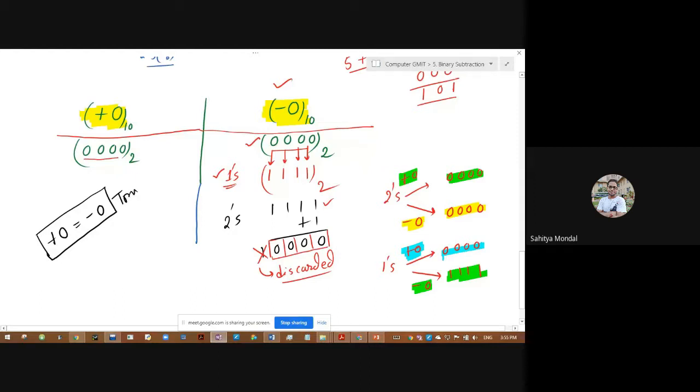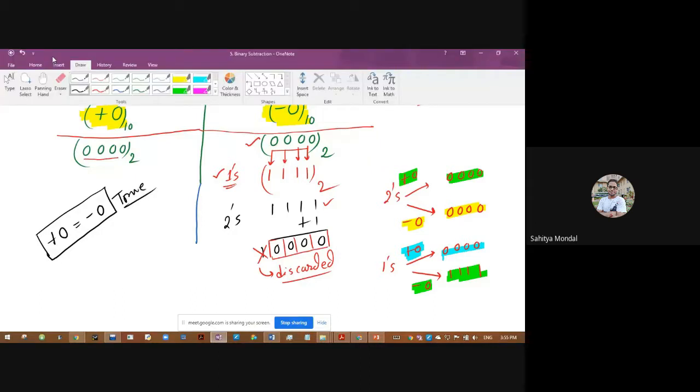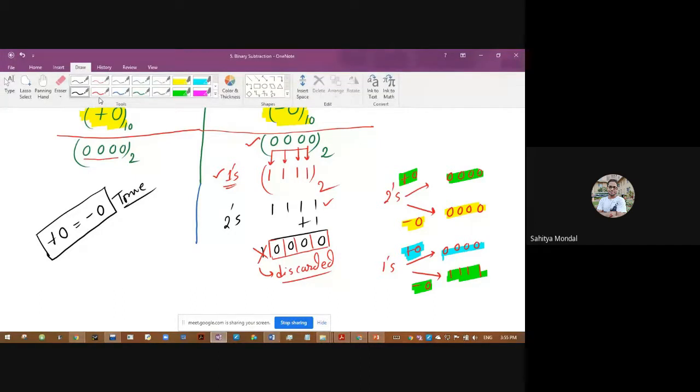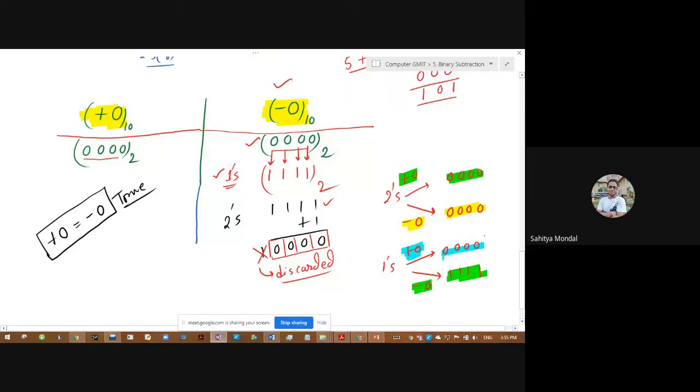Now if we use one's complement to represent numbers in a digital system, the problem is that plus 0 and minus 0 become different entities. In mathematics, if you put plus or minus before 0 there is no change. Only two's complement offers the same: plus 0 and minus 0 have the same magnitude, but in one's complement the magnitudes differ.